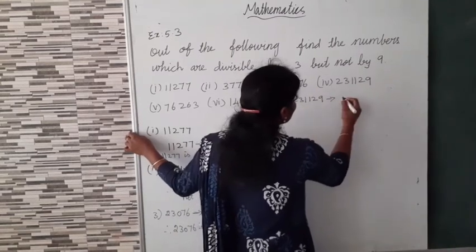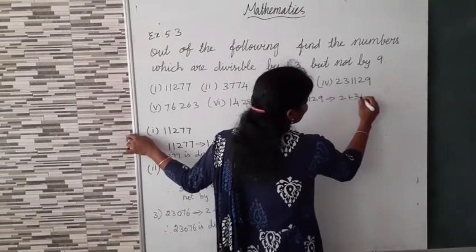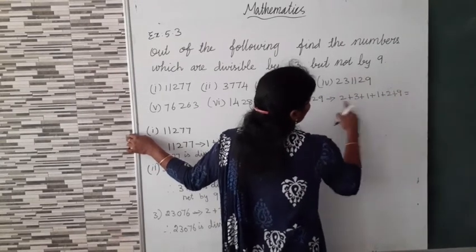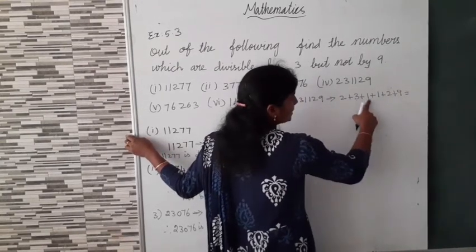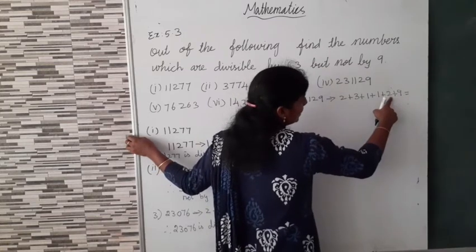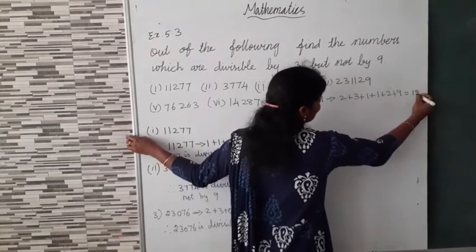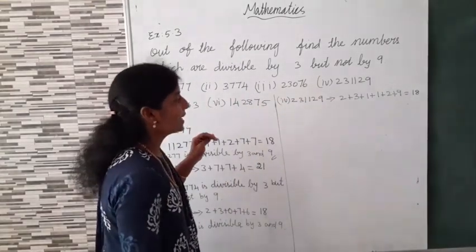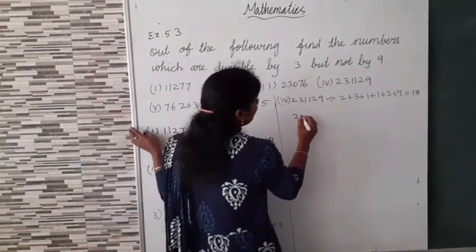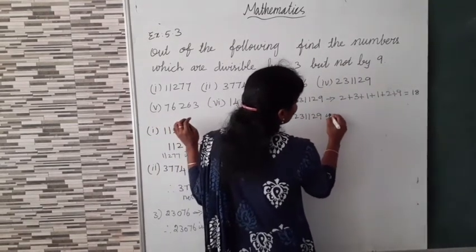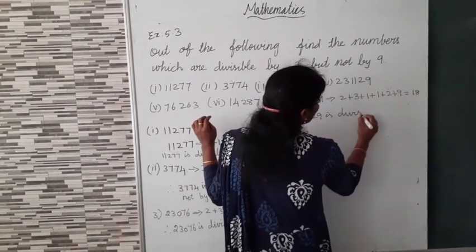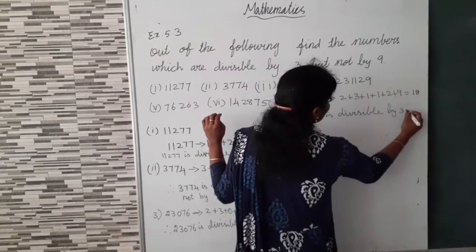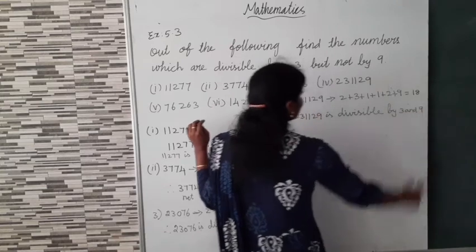We add the digits: 2 plus 3 plus 1 plus 1 plus 2 plus 9. 2 plus 3, 5. 5 plus 1, 6. 6 plus 1, 7. 7 plus 2, 9. 9 plus 9, 18. So 2,31,129 is divisible by 3 and 9.